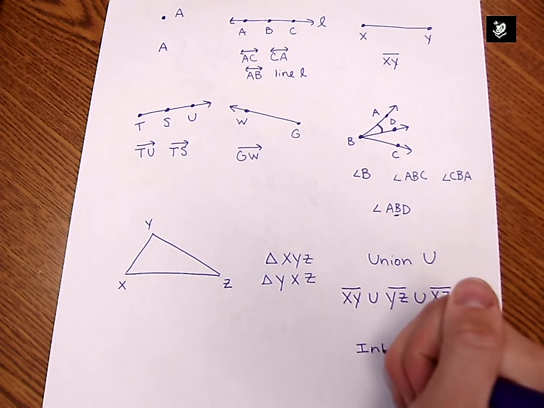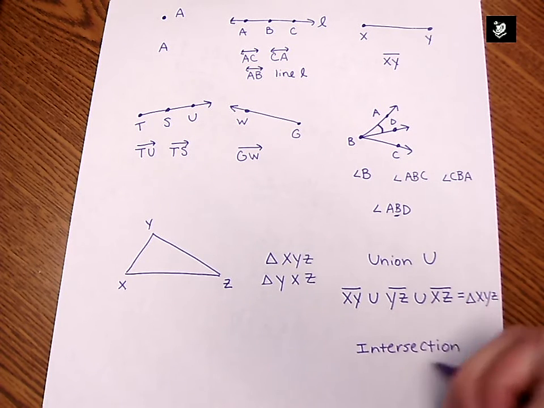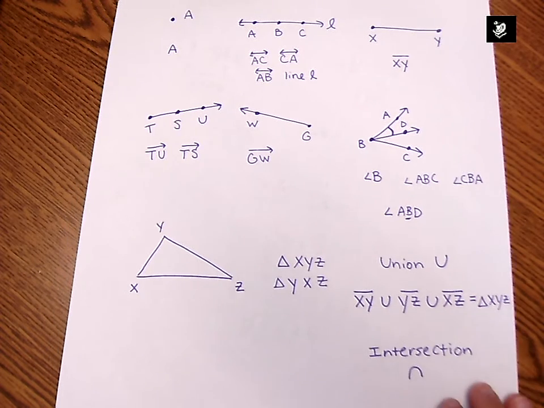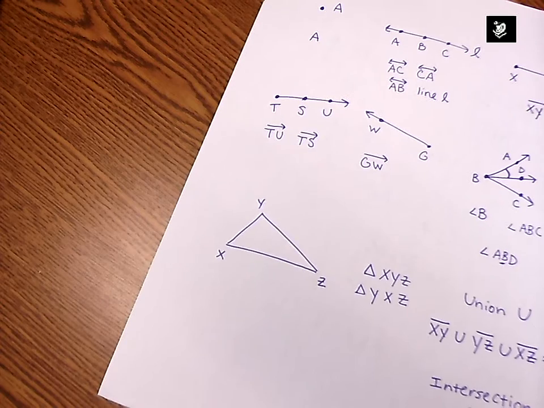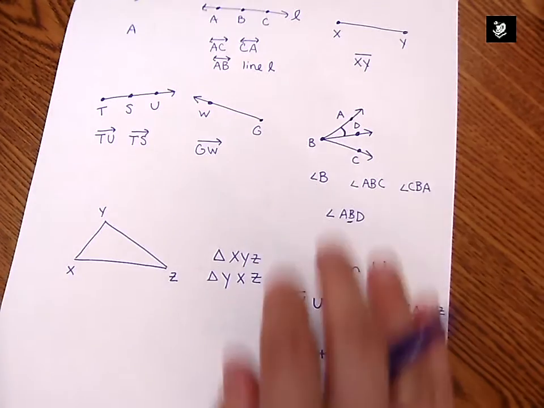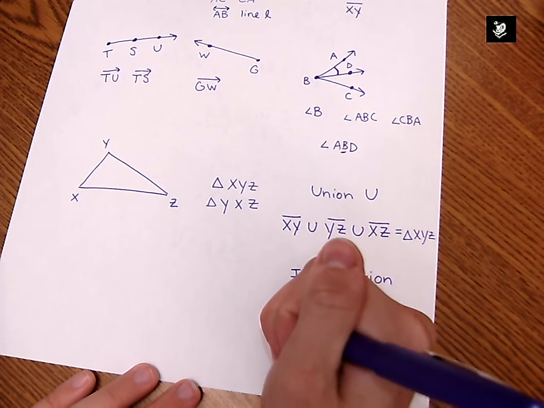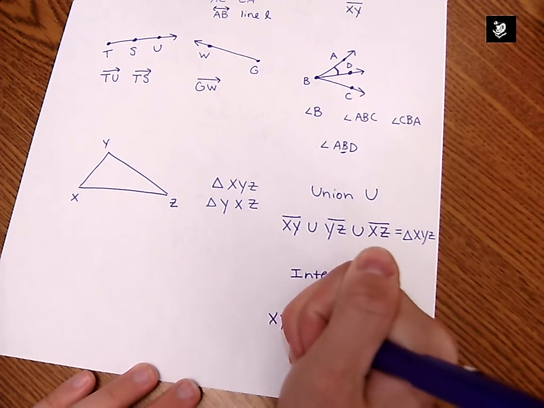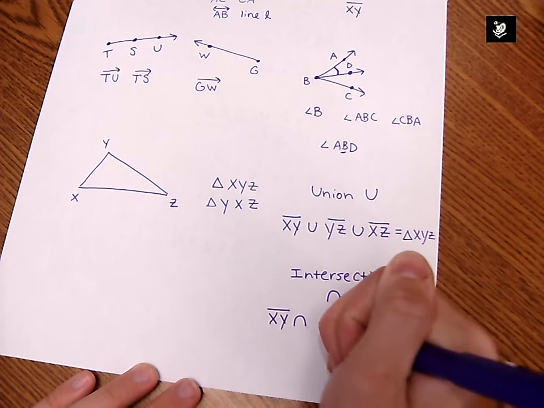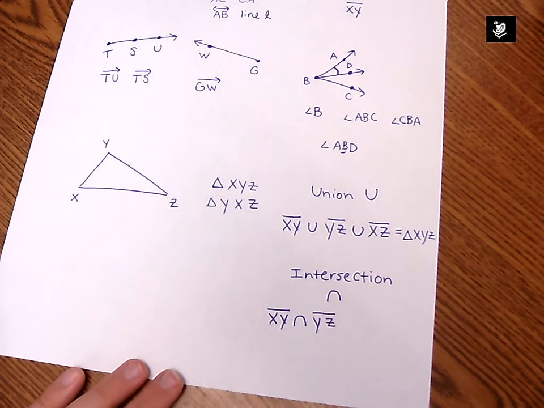Intersection has a similar symbol. It's a U, but it's upside down. And an intersection means what happens when I take two things and what will they have in common. So let's say I wanted to take the intersection of XY with YZ. The best thing you can do when you're doing these types of problems is to color code things.